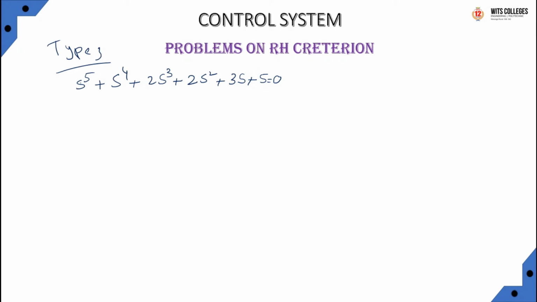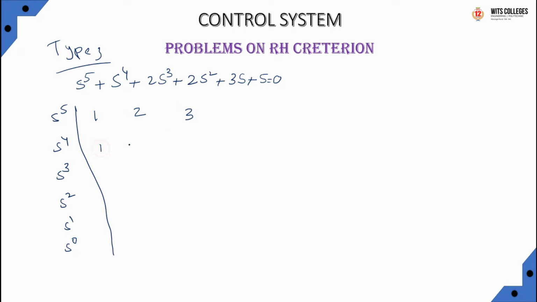Again we go for the stability using the RH criteria, directly. We write s power 5, s power 4, s power 3, s square, s power 1 and s power 0. Here the odd coefficients are 1, 2 and 3.